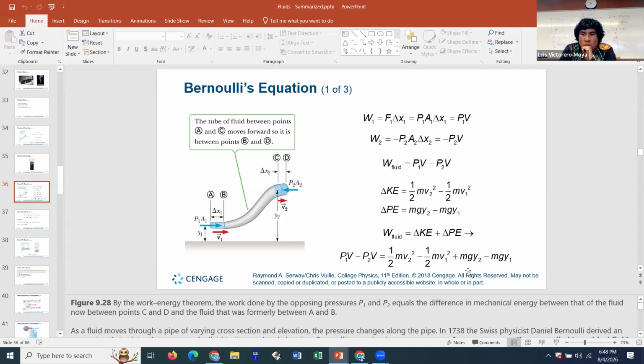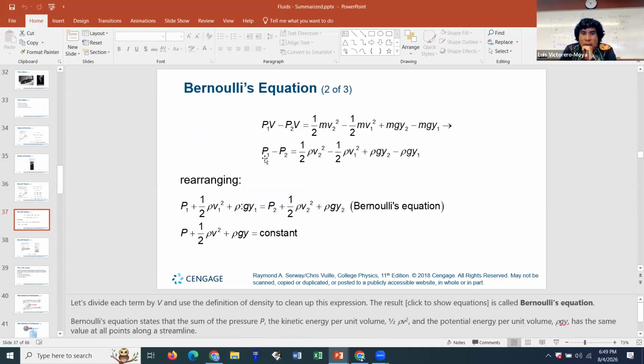So you can factorize m, and volume is mass over density, so you can cancel out the mass. You multiply by density, and then look what you get. P1 minus P2 is equal to 1/2 rho V2 squared minus 1/2 rho V1 squared plus rho g y2 minus rho g y1.